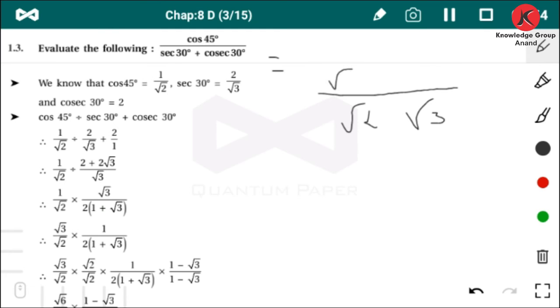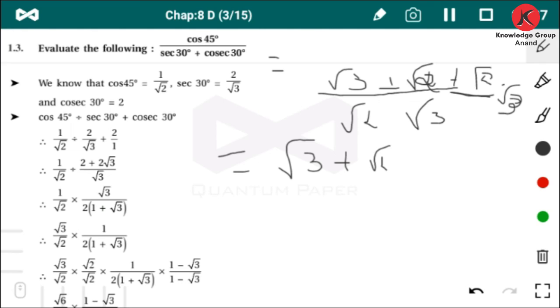Now we write root 3 plus root 2 plus, here, 2 into root 6 upon root 6, that is root 3 into root 2, root 2 into root 3, is equal to root 3 plus root 2 plus 2 root 6 upon root 6.